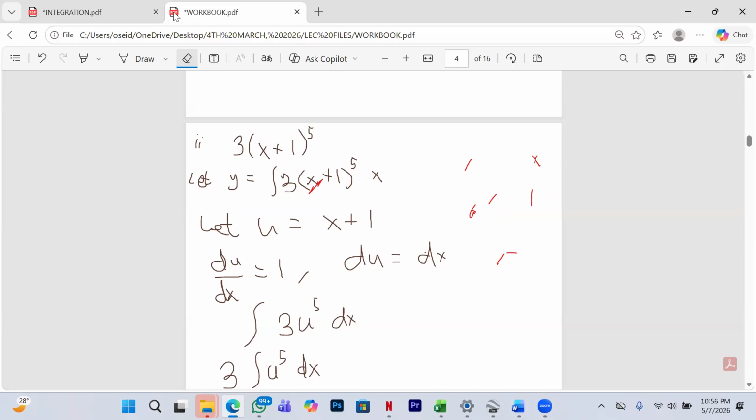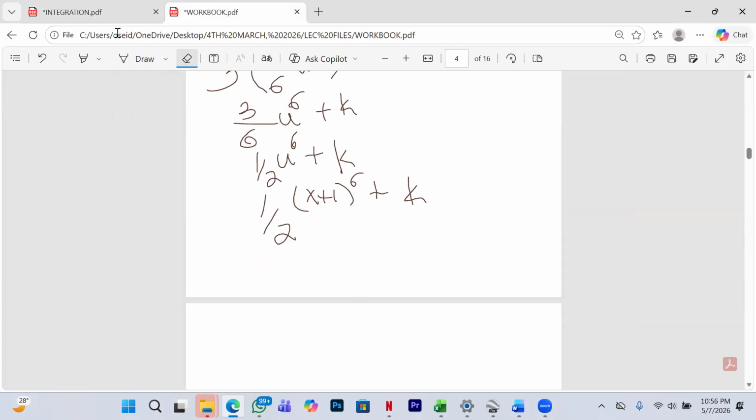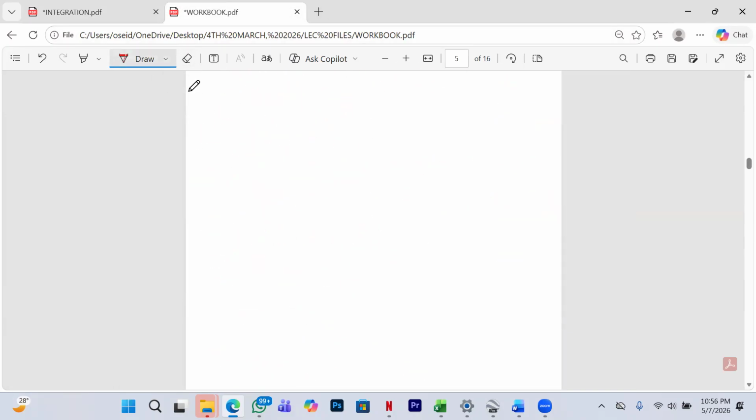All right. So now let's move on to the next question. The next question says 4x cubed minus 5x plus 6. Sorry, 4x squared minus 5x plus 6. All right.